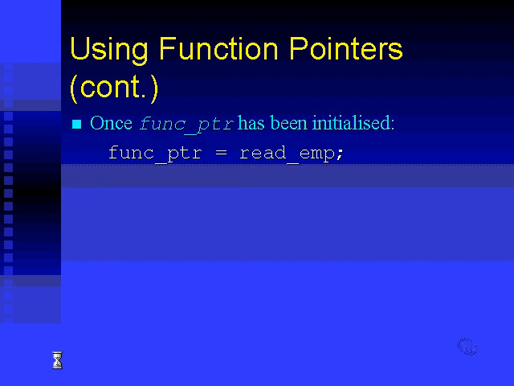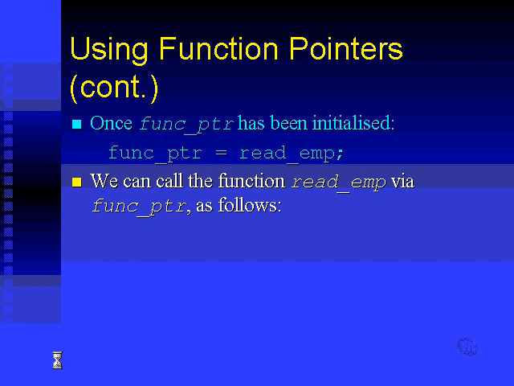Well, once we've initialized func pointer, and there's our initialization statement again, we can call the function reademp via function pointer. In other words, we can cause the function reademp to be run without ever actually putting the word reademp in our code from that point onwards. And this is how you do it.